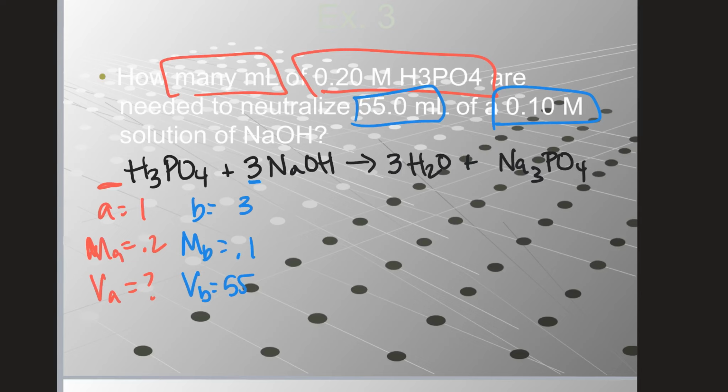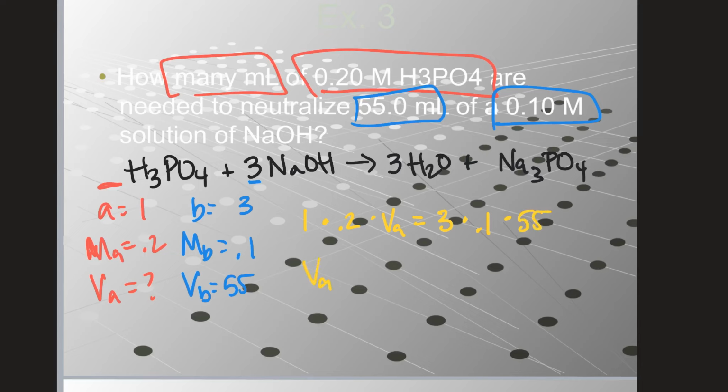You need to make sure you read this out so you know what's what. So basically this is 1 times 0.2 times VA equals 3 times 0.1 times 55.